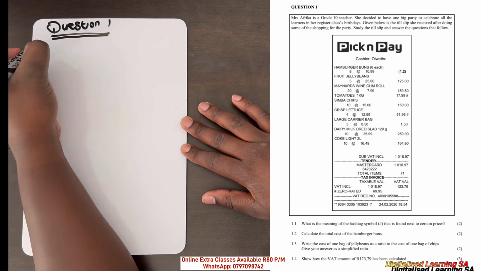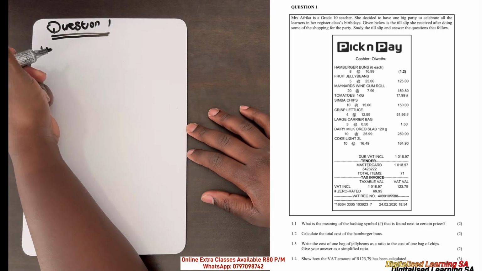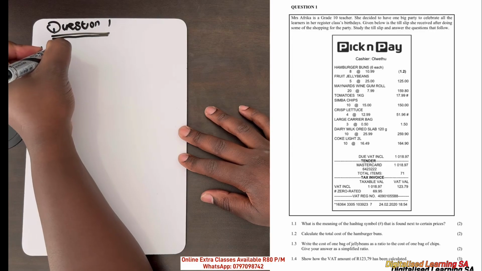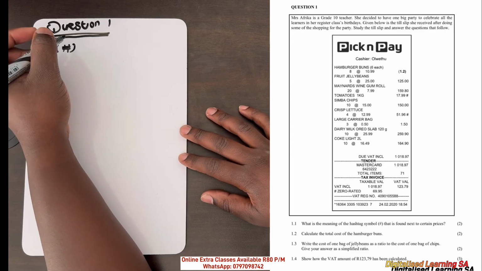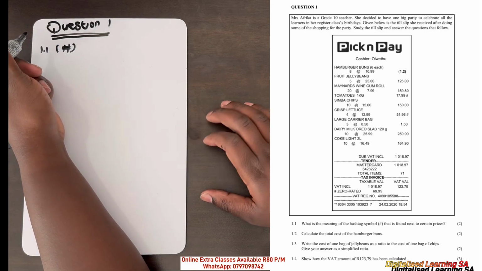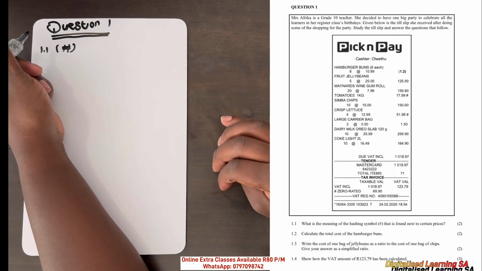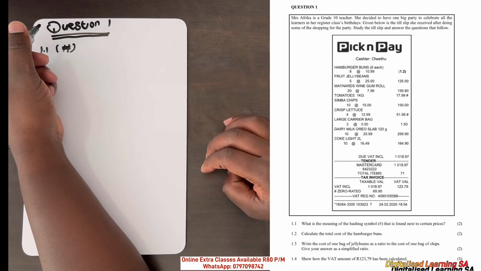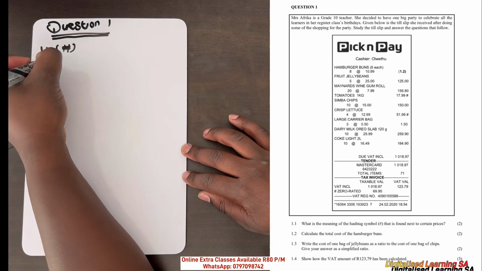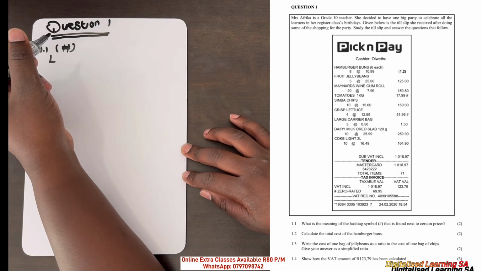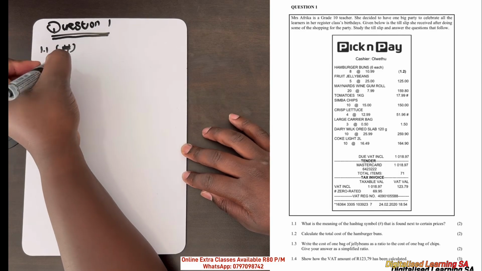So the first question will be question 1.1. Question 1.1 says, what is the meaning of the hashtag symbol? They are asking us what is the meaning of the hashtag symbol that is found next to certain prices on the till slip.